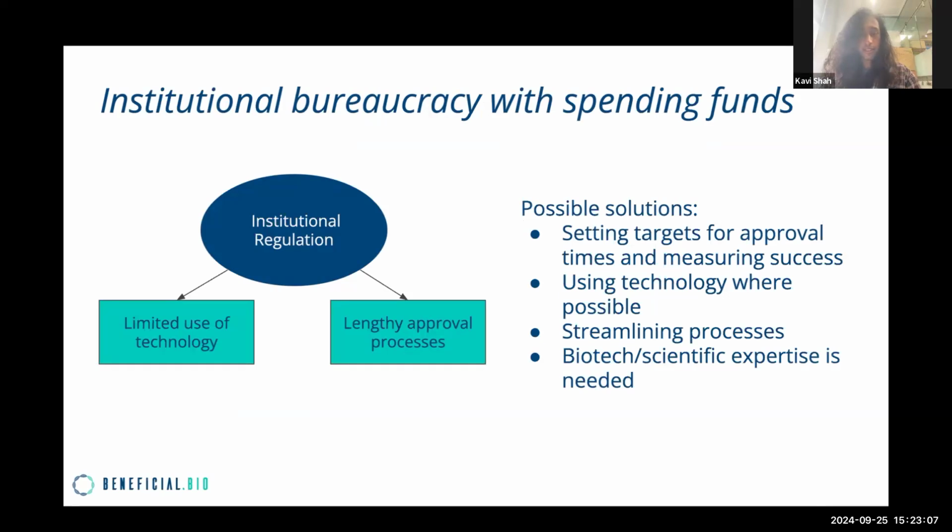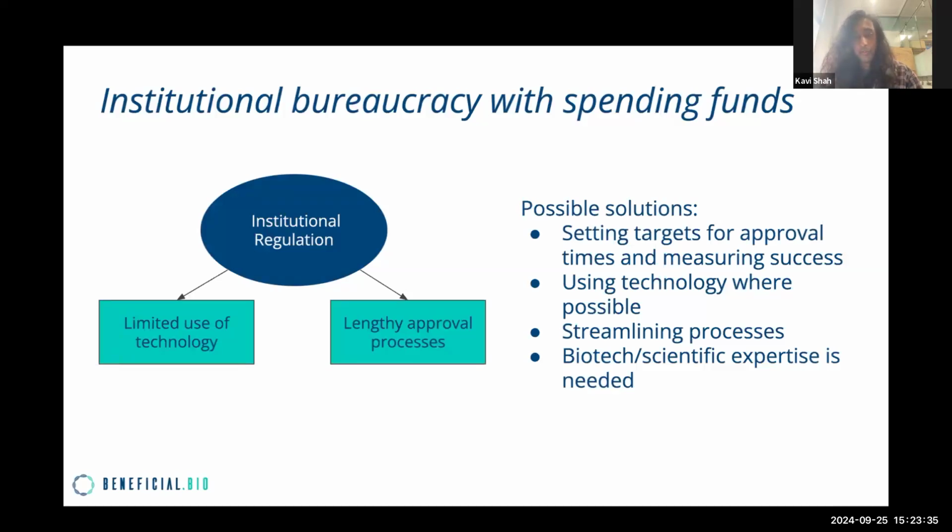the process. So the second major point was to talk a little bit about institutional bureaucracy with spending of funds. And I've italicized this because it's slightly different from the other aspects. However, multiple stakeholders that I spoke to, in particular in some government institutions, spoke about it as an issue, and therefore I thought I would include it.